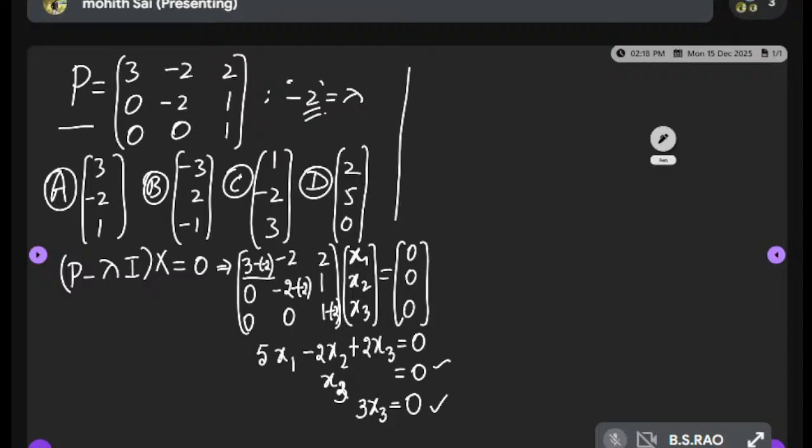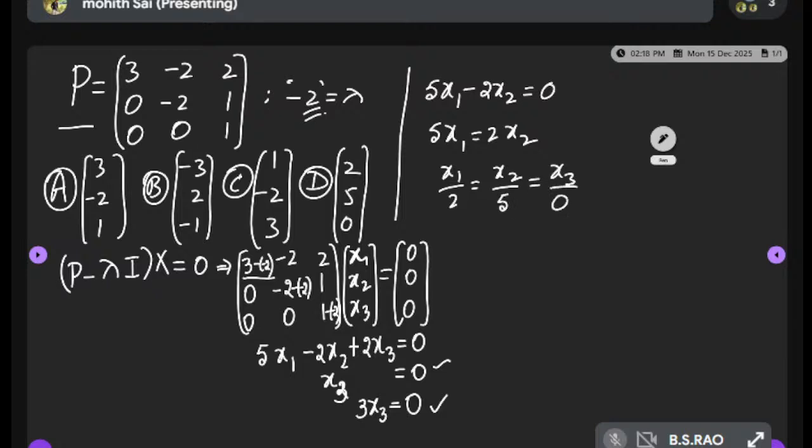And what about the next? 5x1 minus 2x2 equal to 0. 5x1 equals 2x2. x1 by 2 equals x2 by 5, that equals x3 by 0.